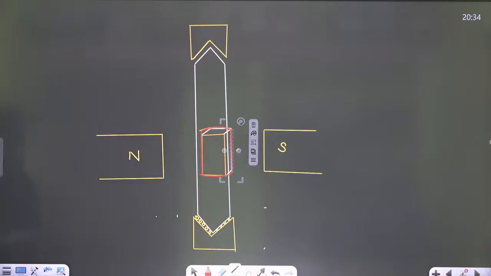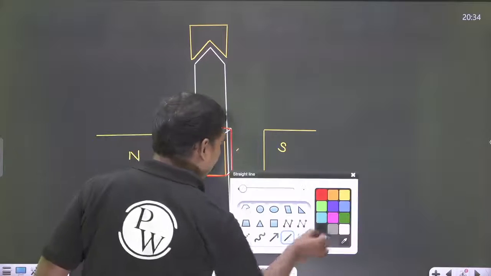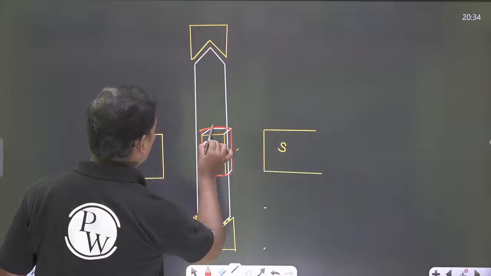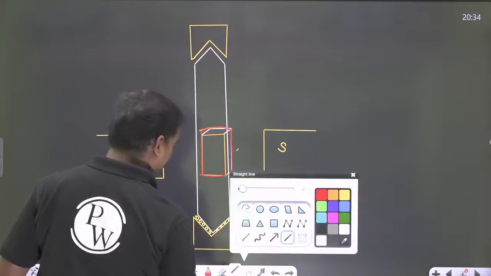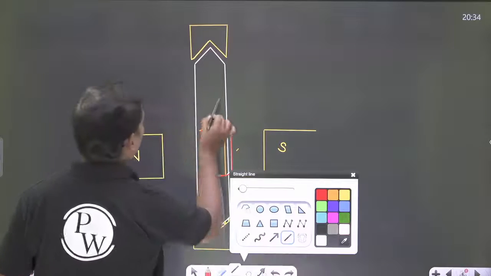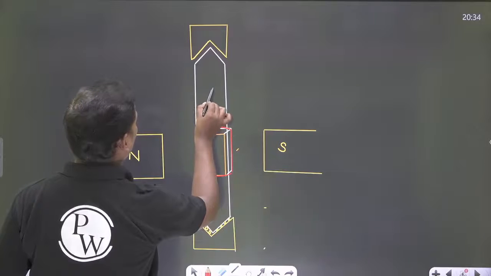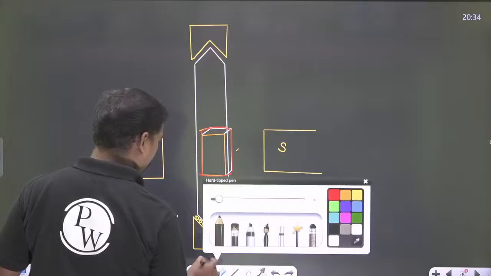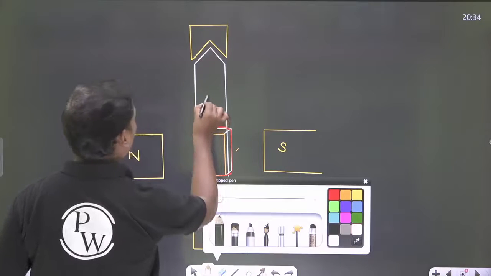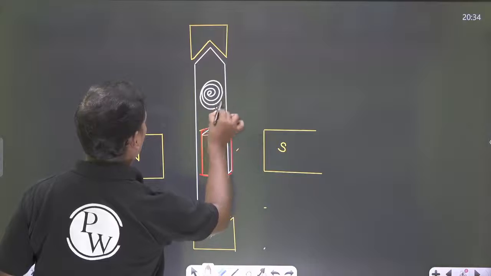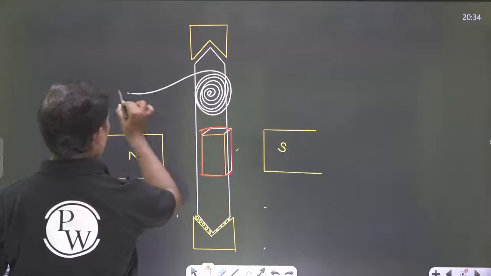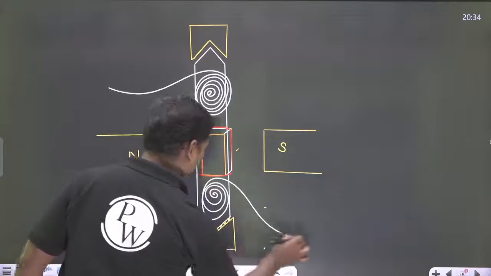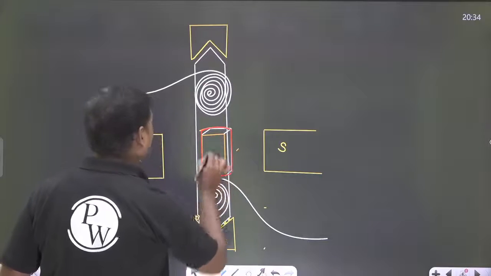And here, this particular copper winding is connected to the spring. So this is a spring connection here.